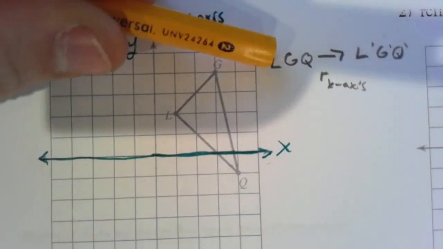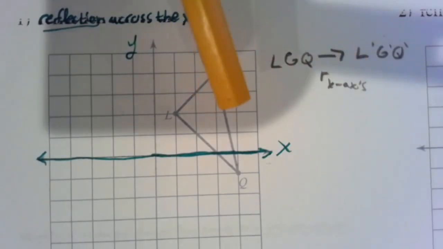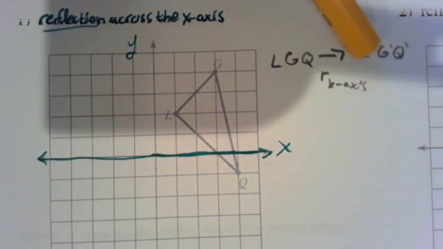If they write this, that just means exactly what they said here. Make a reflection, that's what the little r is for, over the x-axis. That's why it says x-axis. And then this is telling us what we should name the image at the end of it.